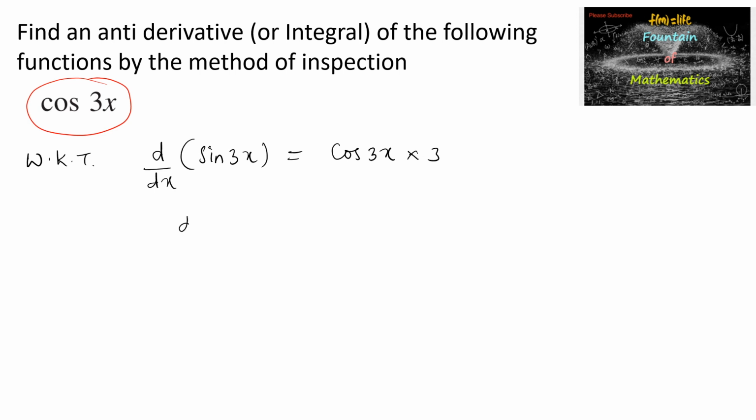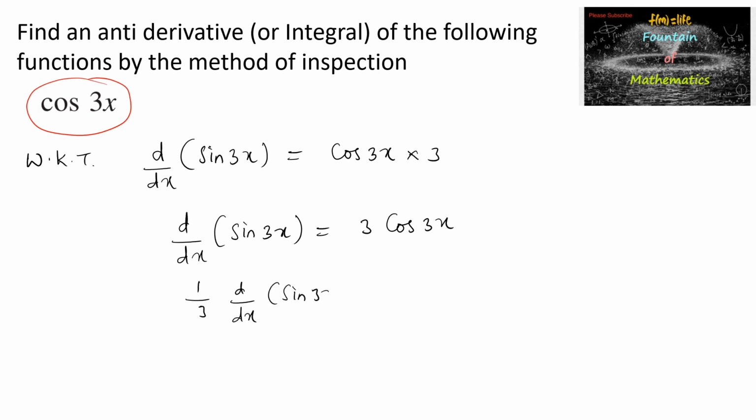Or we can write d by dx of sin 3x is equal to 3 times cos 3x, or 1 by 3 times d by dx of sin 3x is equal to cos 3x, or d by dx of 1 by 3 times sin 3x is equal to cos 3x.